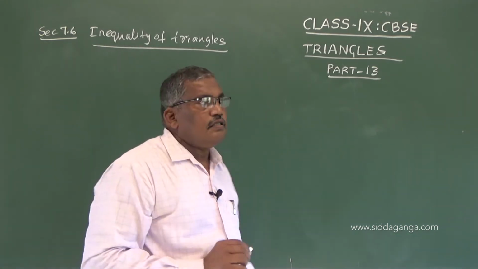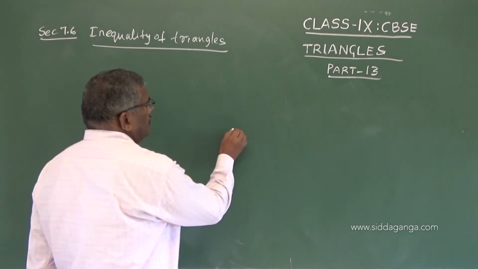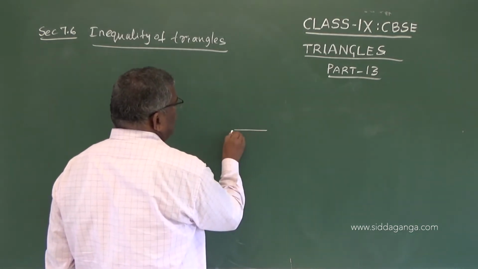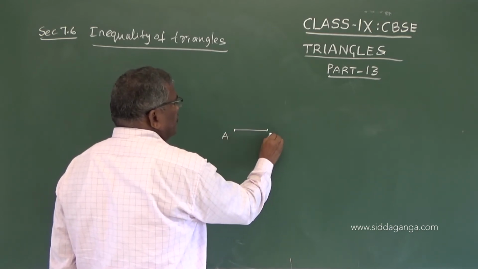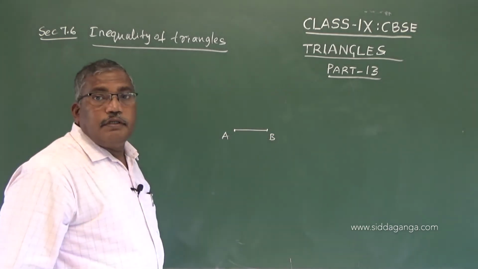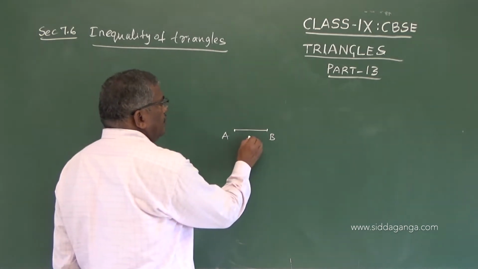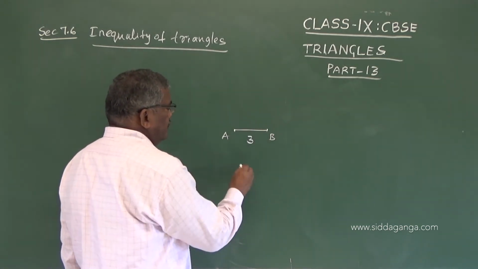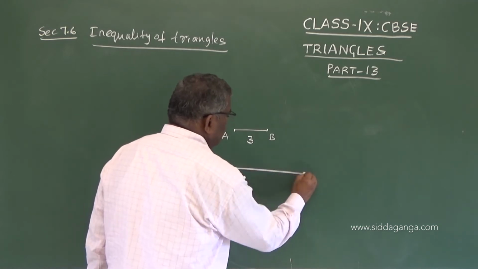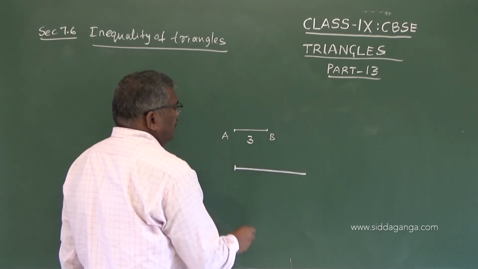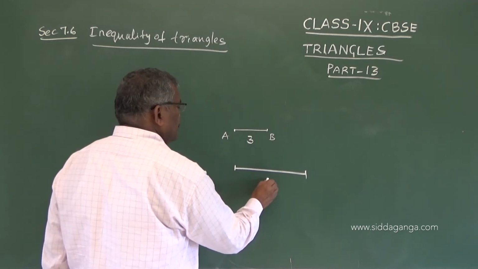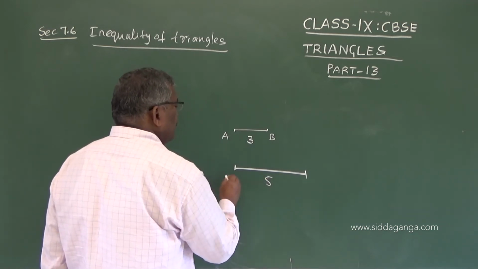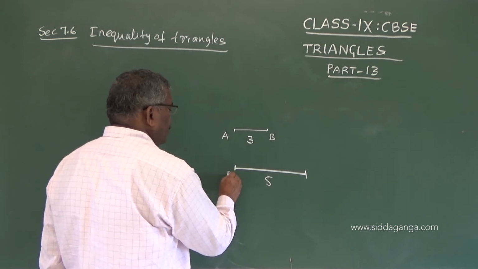It is just as simple as, suppose I have a line AB with length 3 units, and another, say 5 centimeter, PQ.